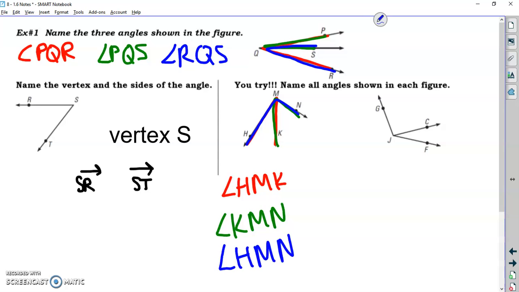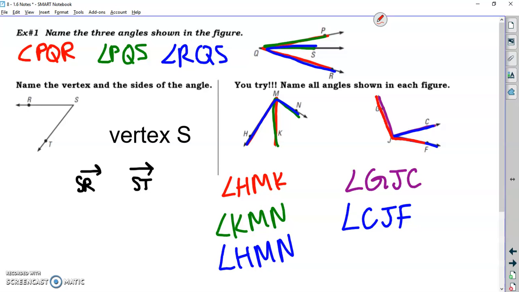Notice that M is in the middle each time because it's our vertex. Okay, over here we have angle GJC. And then we have angle CJF. And then we have our big angle GJF. Notice that J is in the middle each time because it is our vertex.